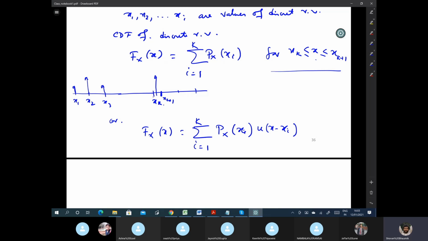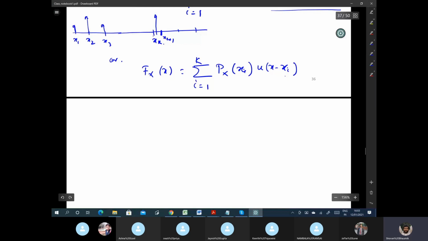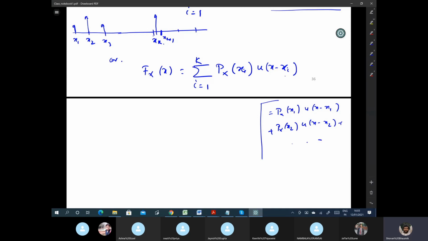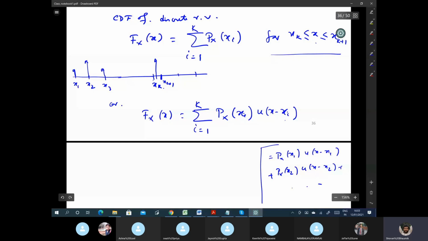That means always we take up to 1 to k. Just roughly, for simplicity, it will be equal to Px of x1 u of x minus x1 plus Px of x2 u of x minus x2, plus like this. When we are masking, we get this number's probability plus probability of this number, plus probability of this number, like that. So this way we could remove this condition.